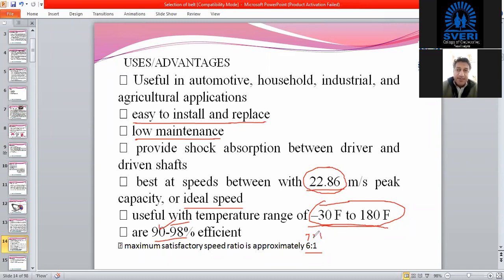Now this ratio by means of which power can be transmitted is also 6:1. There may be confusion in case of this ratio, so you have to remember this particular ratio for the V belt, because we can ask an MCQ based on these figures. Are you getting me?